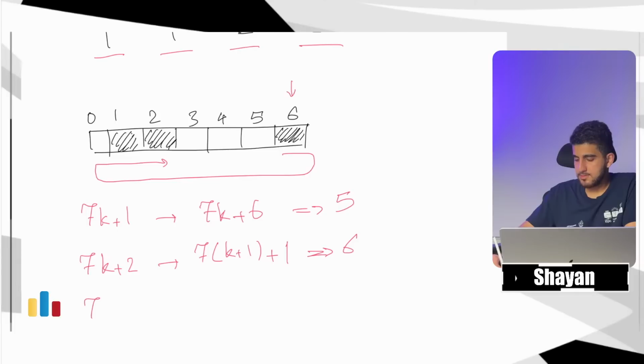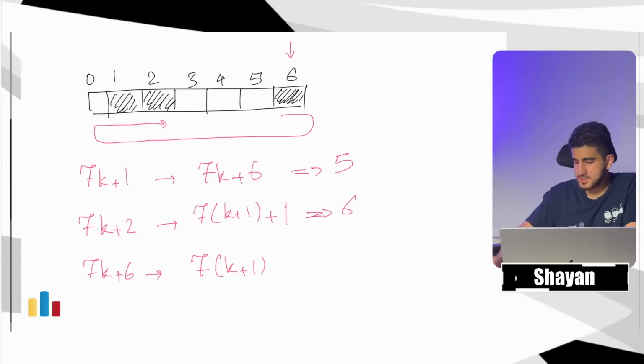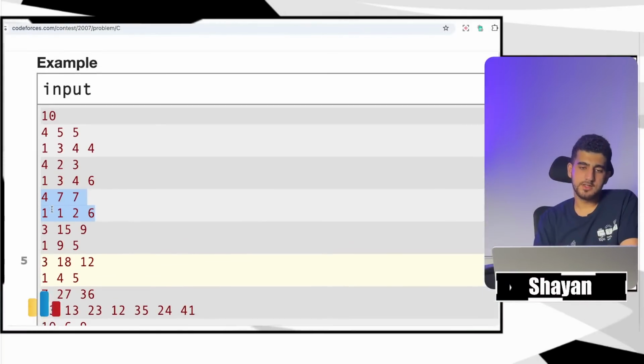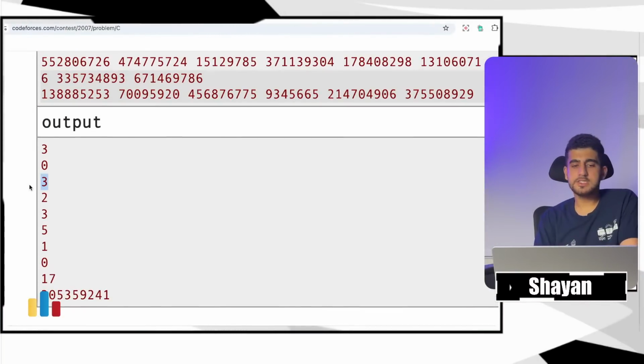I mean, if our minimum is 7k plus 6, the maximum is going to be 7 times k plus 1 plus 2, and the difference is going to be 3 in this case. So in here, our answer must be 3. And as you see, it is 3.